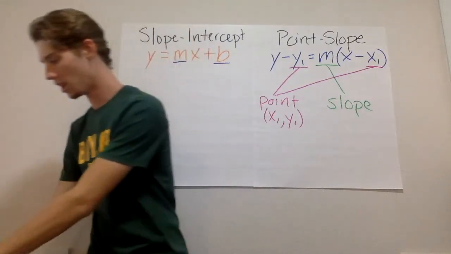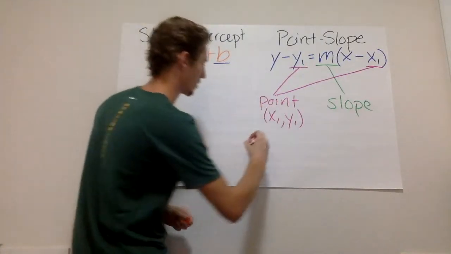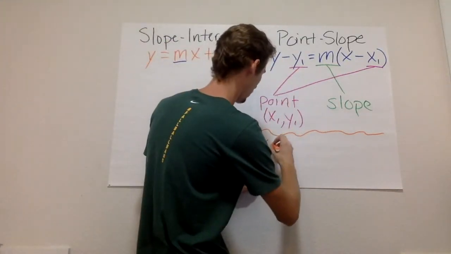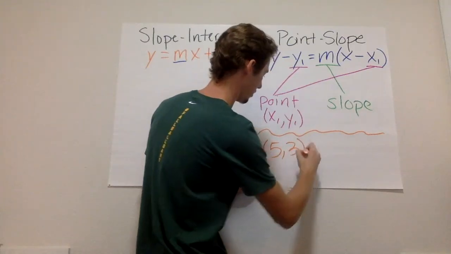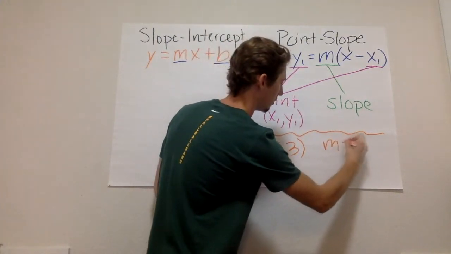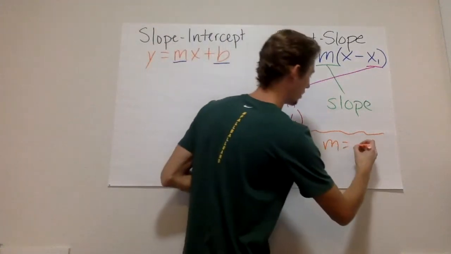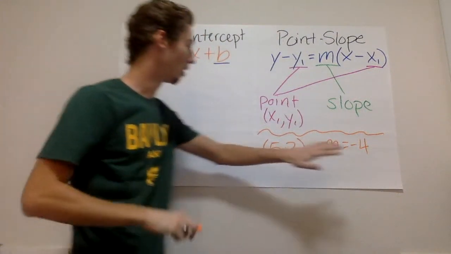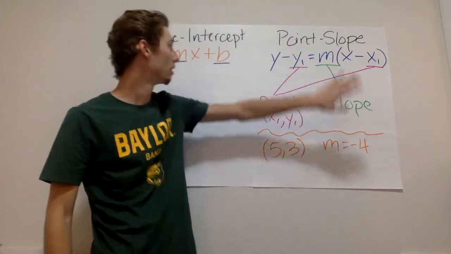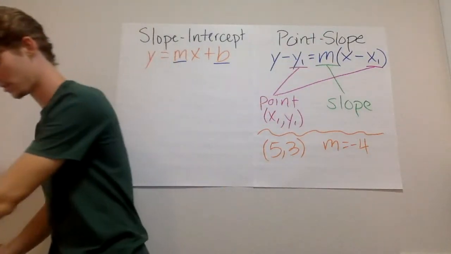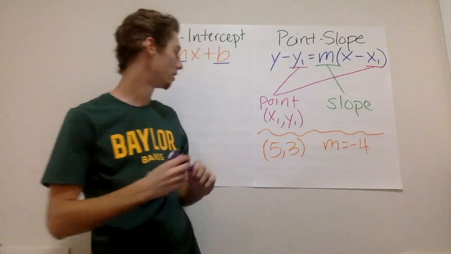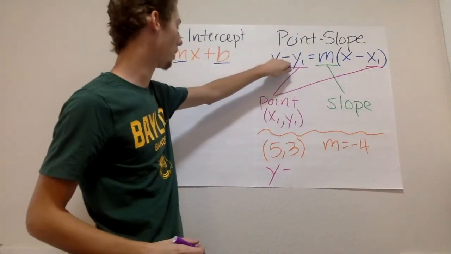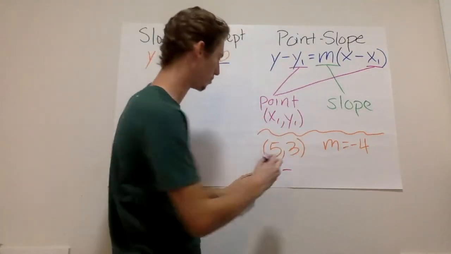So if you were given the point 5, 3 and the slope of, let's say, -4, then all you have to do is plug this into the equation. We've got y minus y1, which is going to be the y value of our point.